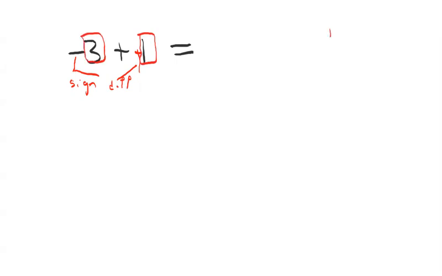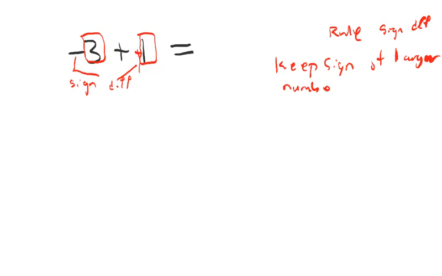So the rule is, when the signs are different, you keep the sign of the larger number. So which number is larger here? 3 is larger.